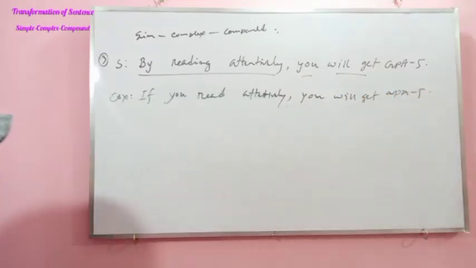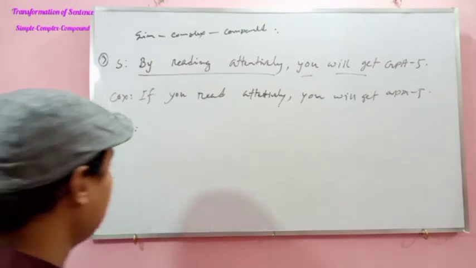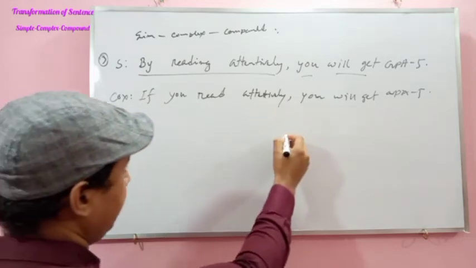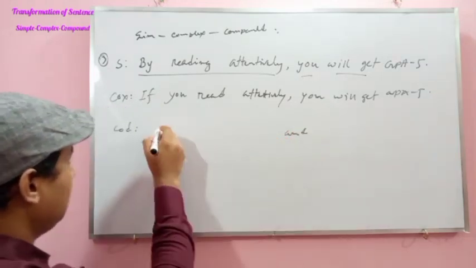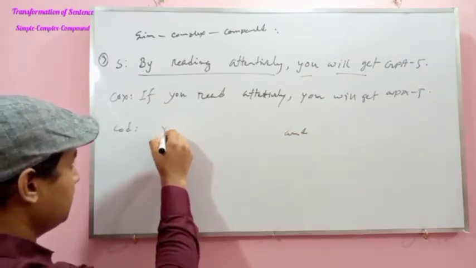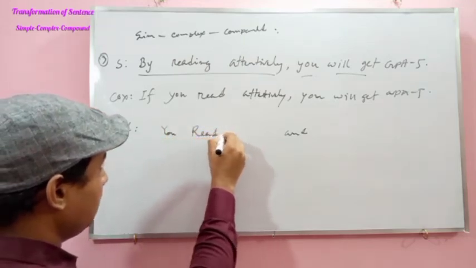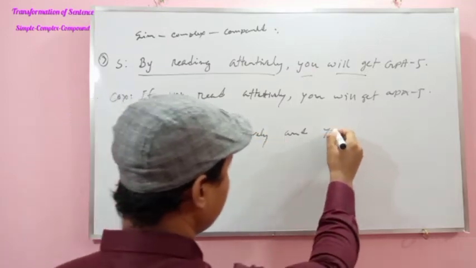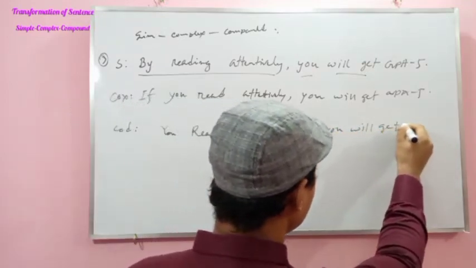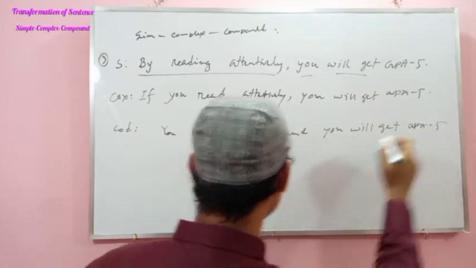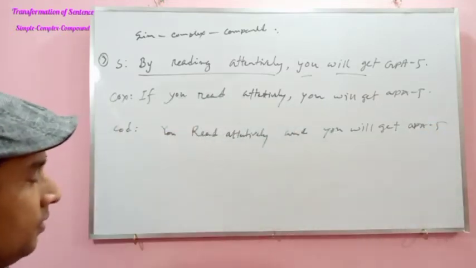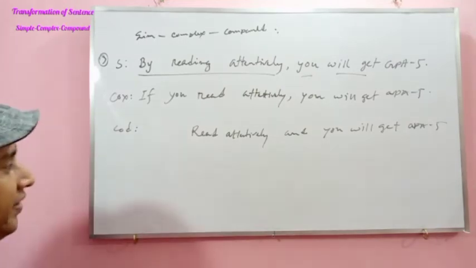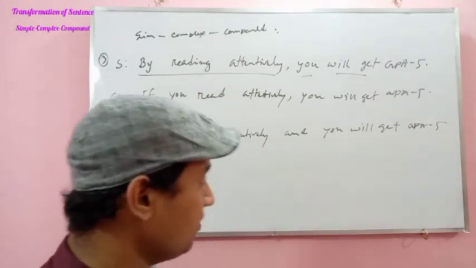Okay, then in compound sentence you will give and in the middle part, and you will give this, you read. This you is unnecessary, so you can vanish this you. So, read attentively and you will get GPA 5.